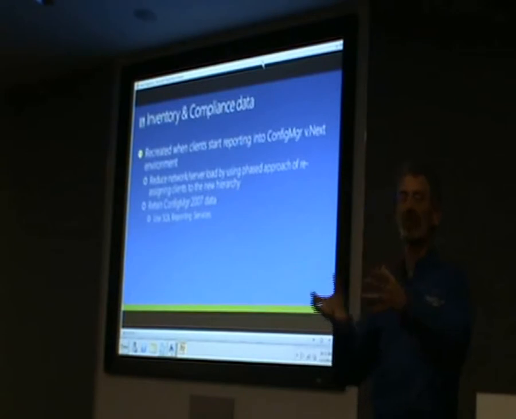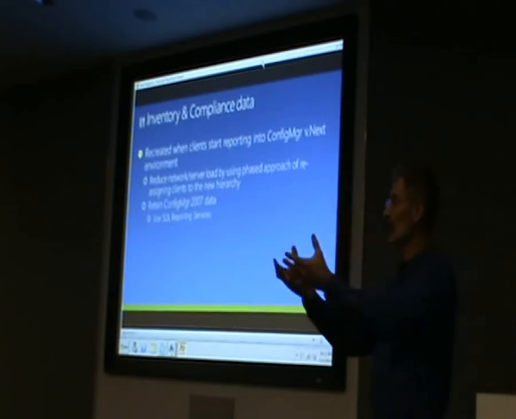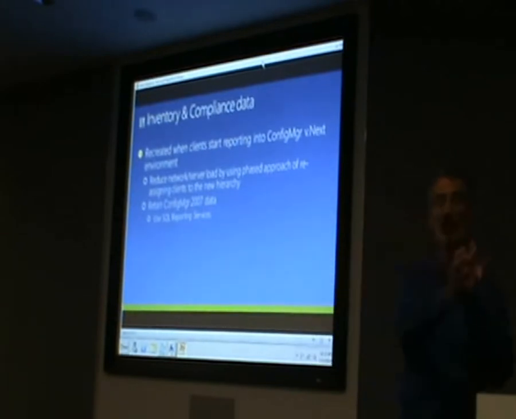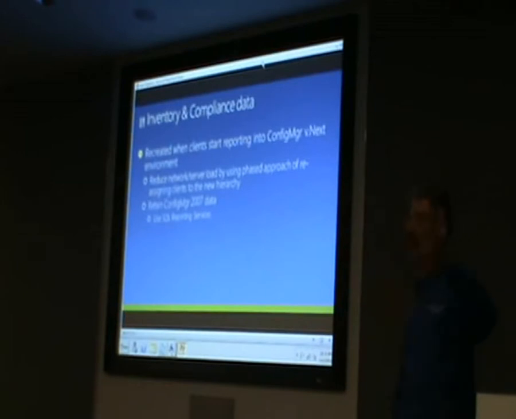We support an offline database. So you can have some sort of a replica or backup and restore of a SQL database with your SRS installed, and keep that as your repository of your old data as you migrate things over to the new big VNext environment. Otherwise, things will age out of your 2007 database as they're not being discovered anymore. And you're going to flatten it anyway when you're all done.